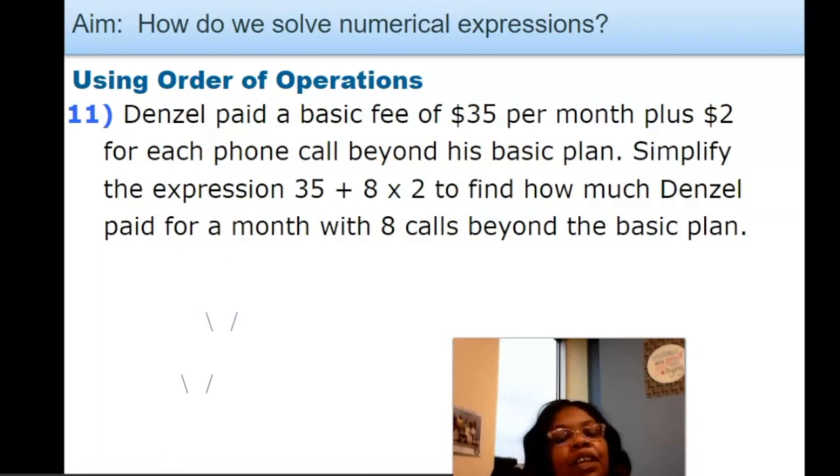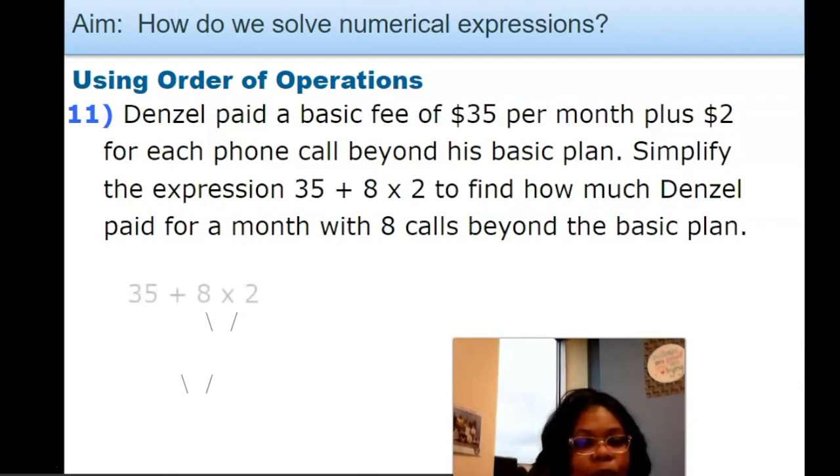Simplify the expression 35 plus 8 times 2 to find out how much Denzel paid for a month with 8 calls beyond his plan. So if we're going to write the problem, what's the first problem we work? Get ready. Good. 8 times 2.